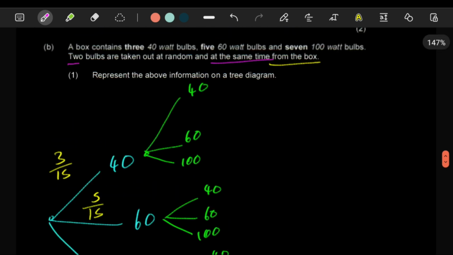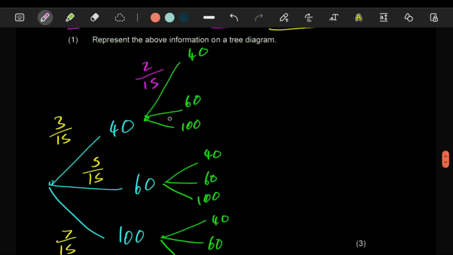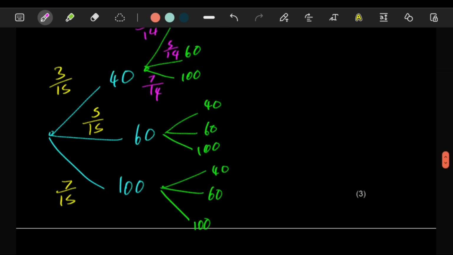So here you would have taken out 1 40-watt bulb, so here you'll only have 2 of them left, so here all 5 60-watt bulbs, you have 14 left because you took out 1. Here all 5 bulbs are still there, so it's 5 over 14. Here all 7 of them are still there, 7 over 14.